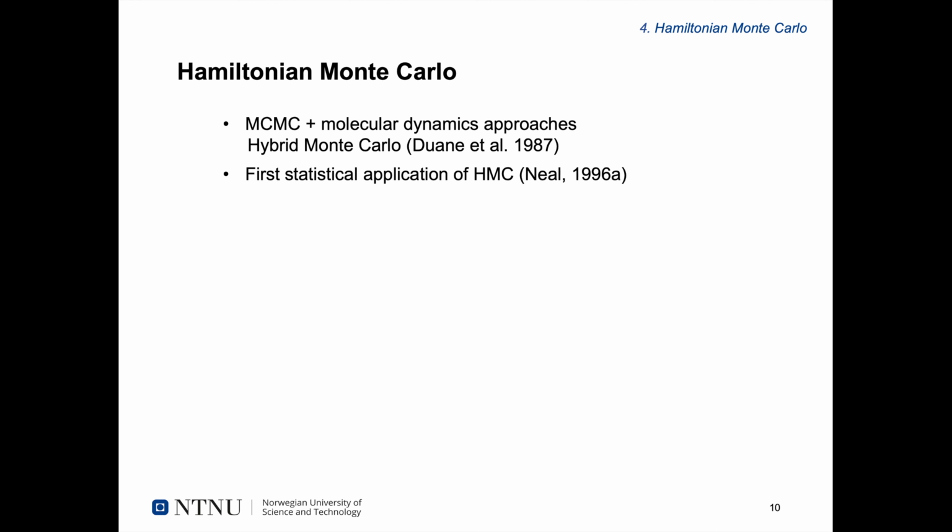The statistical applications of HMC began with its use for neural network models in the published paper from Neal in 1996. Hamiltonian Monte Carlo can be viewed as a variant of the Metropolis Hastings algorithm.